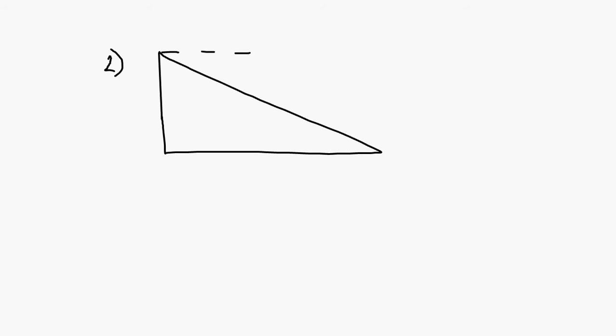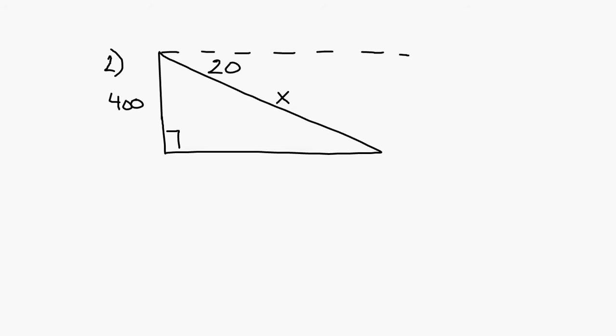Problem number 2. You've got a 20-degree angle up top, which is an angle of depression. And this is an x right here. And you're asked to find the value of x, round the length to the nearest tenth.